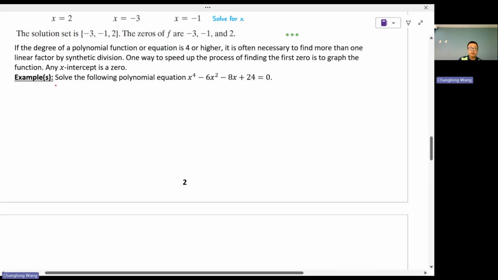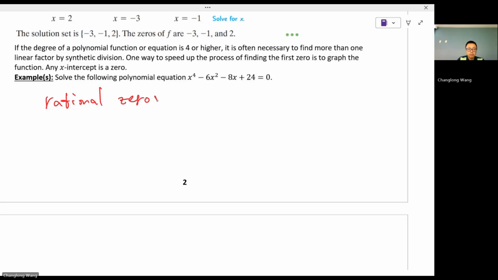All right, so first off, let's come up with a list of all possible rational zeros. Okay, so I'll say rational zero will come from a huge list, right? So it goes to the top, all possible factors of 24. Does 24 have 1? Yes, right?